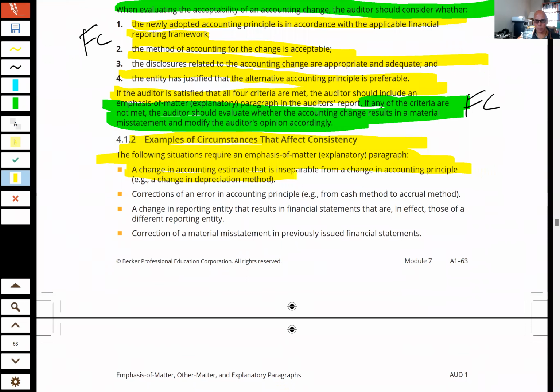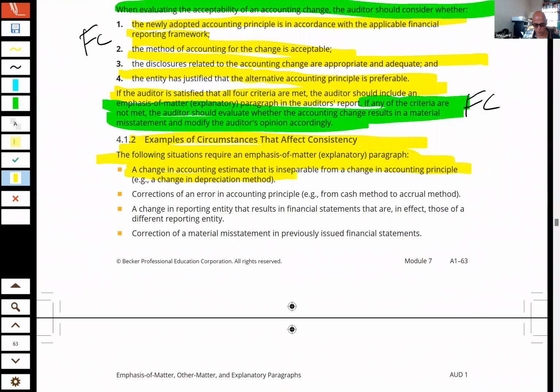Is that a change in estimate or a change in method? Well, the accounting standards say it's a change in estimate. And since it's a change in estimate, you don't have to go through all the requirements for reporting a change in accounting principle by doing a cumulative effect adjustment to the beginning retained earnings of the earliest period presented. You don't have to do all that for a change in accounting estimate that's inseparable from a change in accounting principle.